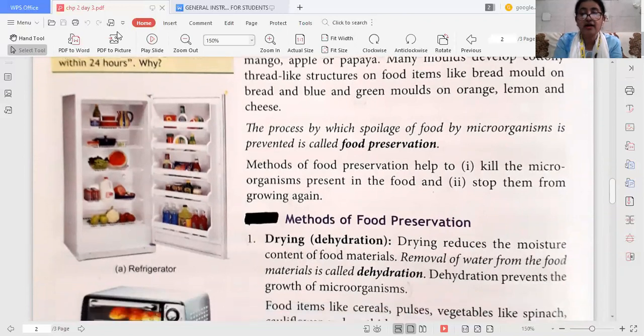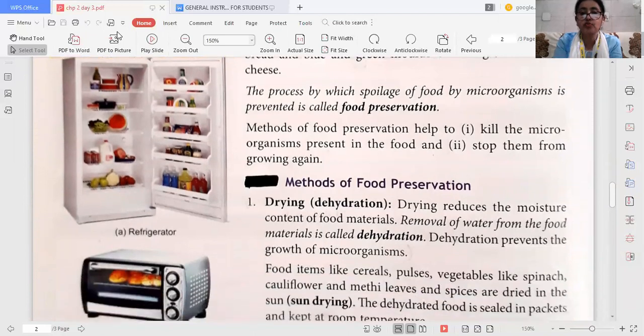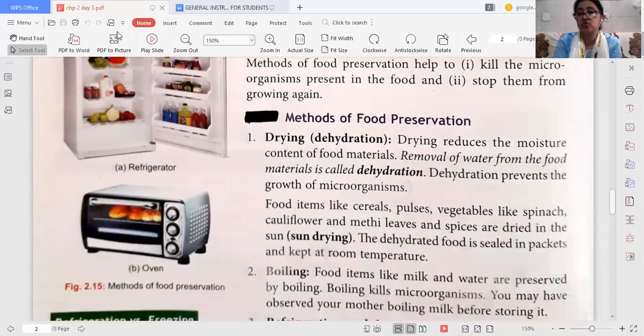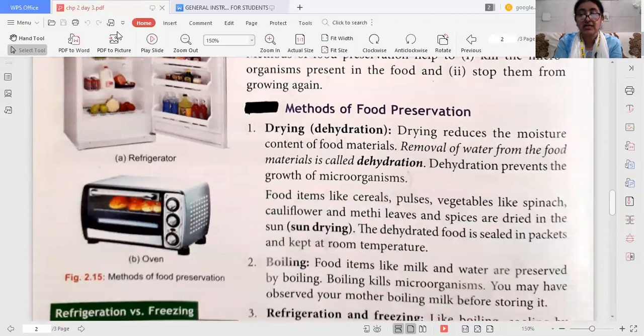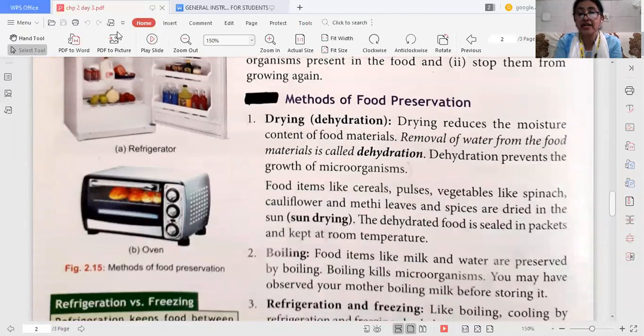Now, there are different methods of food preservation. The simplest, the most common, drying, dehydration. What is the meaning of dehydration? Removal of water from the food material is called dehydration.